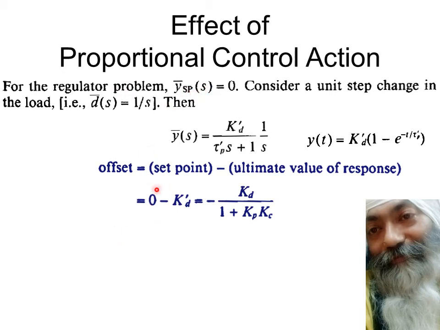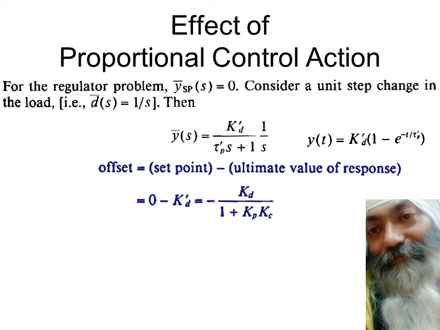So the final value you want back at 0, but it is not back at 0, it is minus K'd, and K'd is nothing but minus Kd upon 1 plus Kp Kc. Again you see that this offset will remain until Kc is equal to infinity, the same condition.